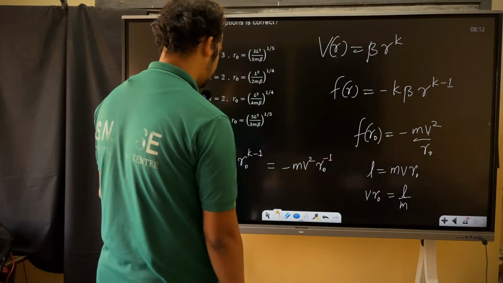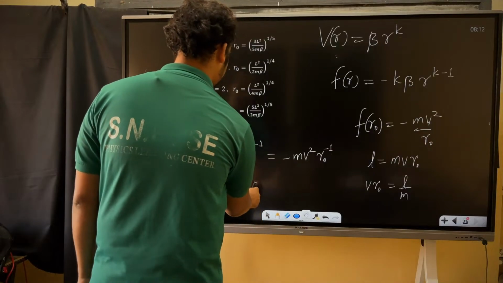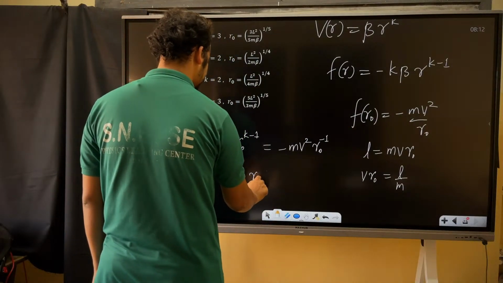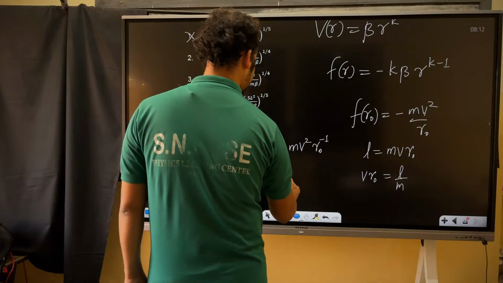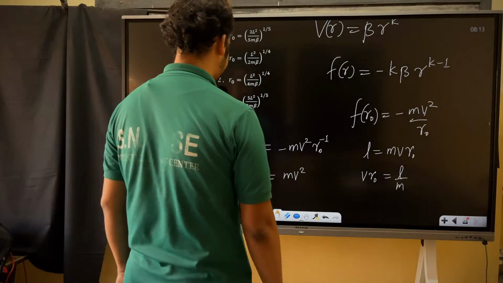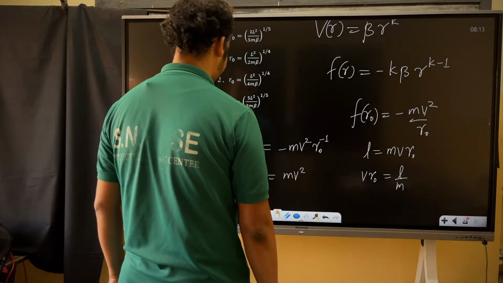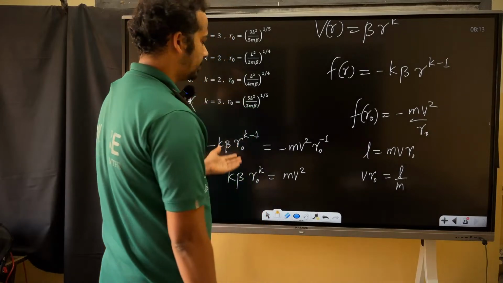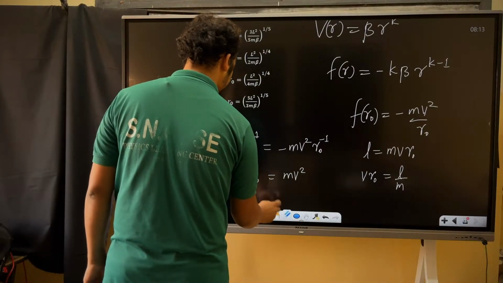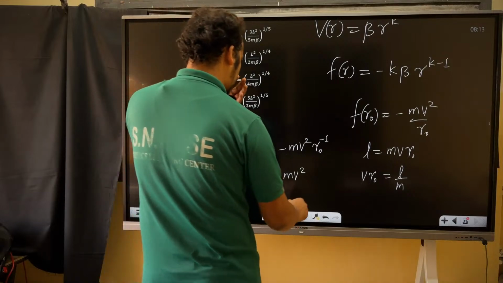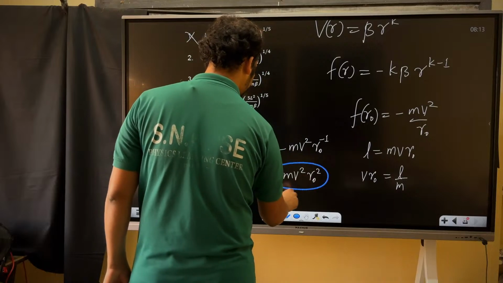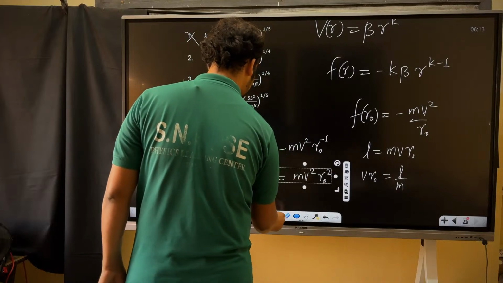So what you do? M v square. K we have already chosen as 2. Am I right? If k is 2, then what I need is R naught square here, to write in terms of angular momentum. I'm manipulating myself.